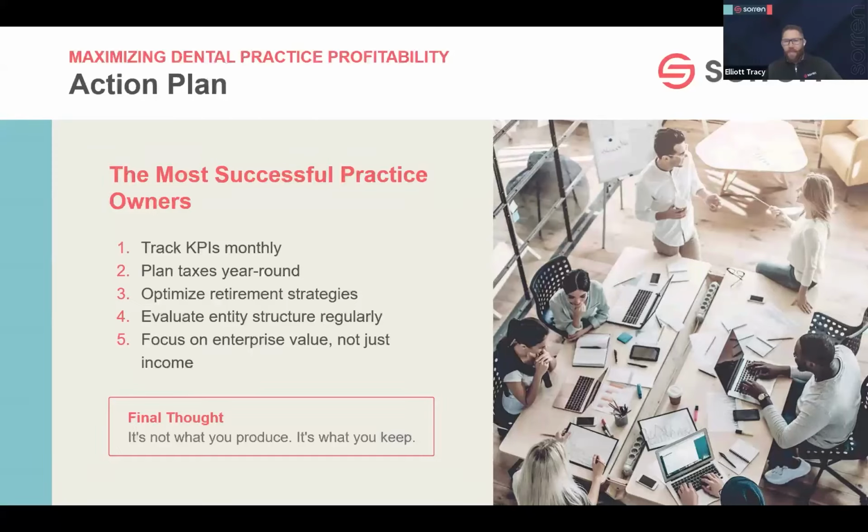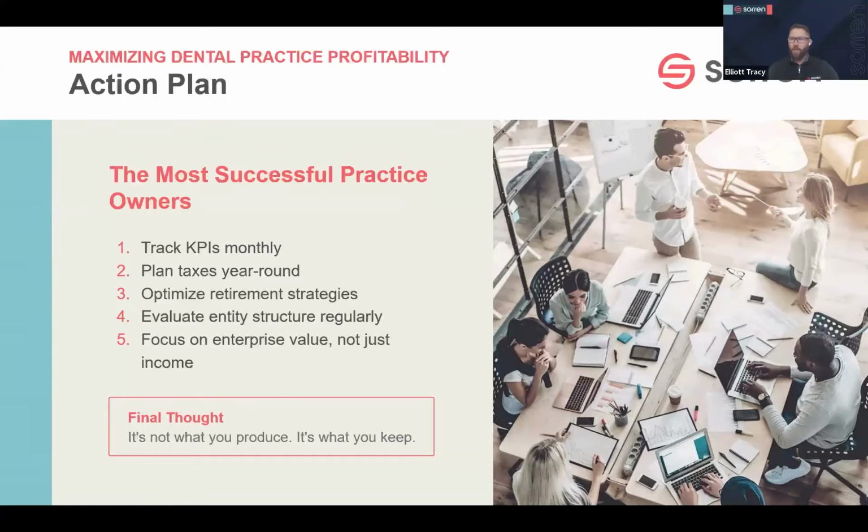Evaluating entity structure regularly. I'd throw the real estate piece into this one as well. What are we doing with that interplay between real estate and the dental practice, and how do we improve on that? And then finally, focusing on that enterprise value. What is that practice value? How do we maximize that, whether it's increasing production, reducing overhead?